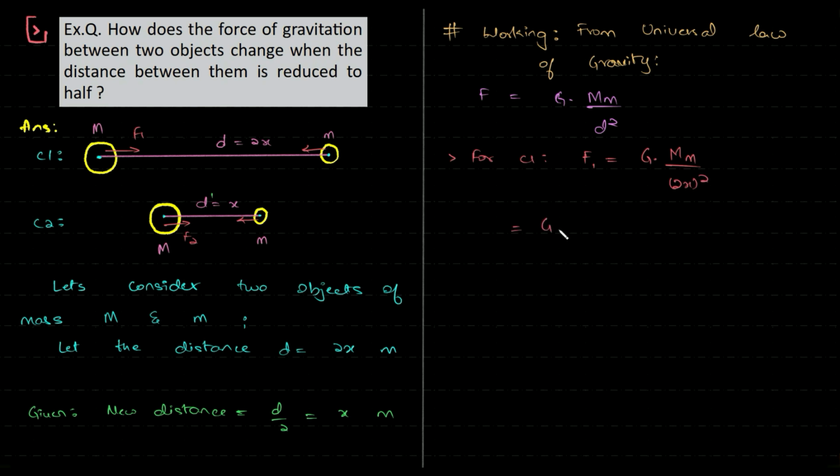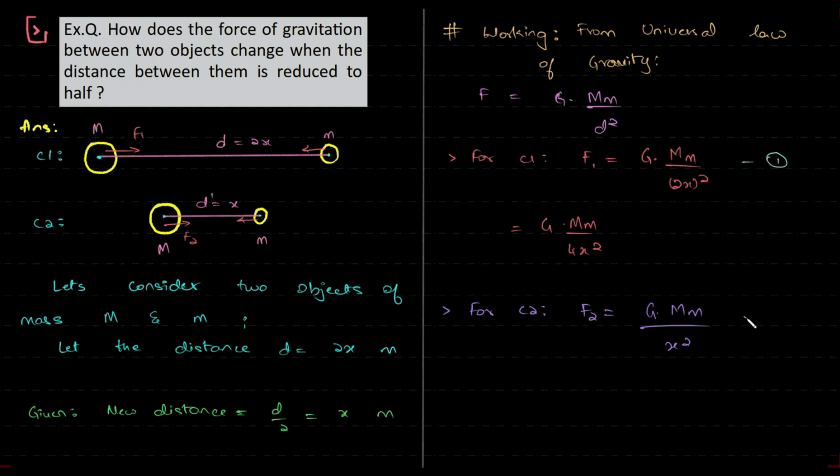So this would be equal to G M m by 4x square. All good. Then for case 2, we have F2, which is G M m by what? Here d is x, so x square, right? As simple as this.